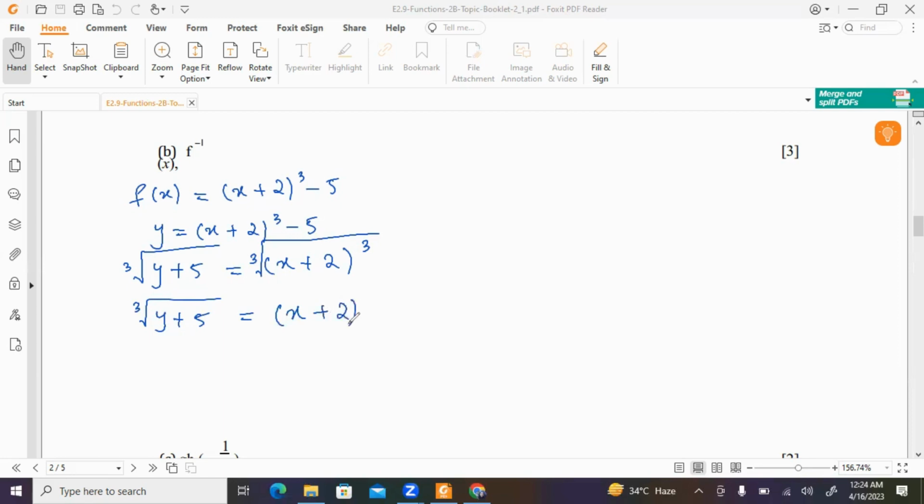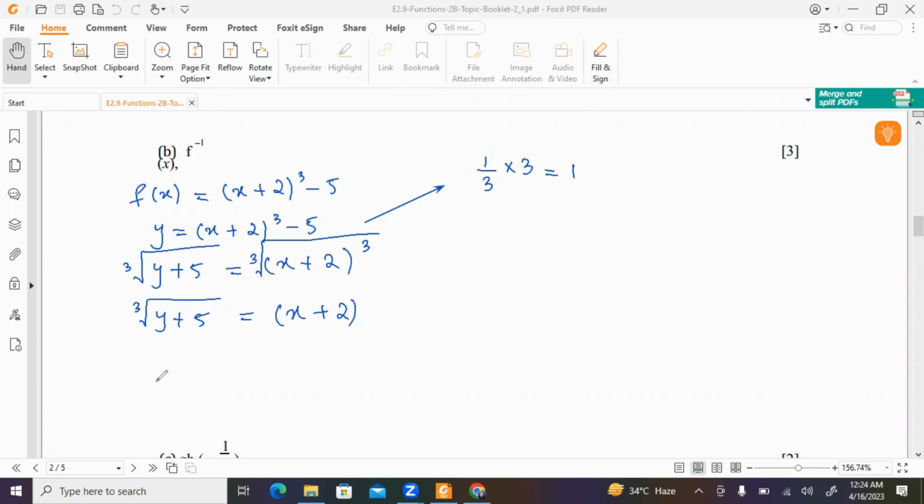The reason why it's x plus 2 is because 1 over 3, which is what the cube root represents, times 3 equals 1. This is similar to what we've done in the laws of indices. If you're still confused about that, you can check out the law of indices tutorial, which is going to be linked below, and create a better understanding of this concept.